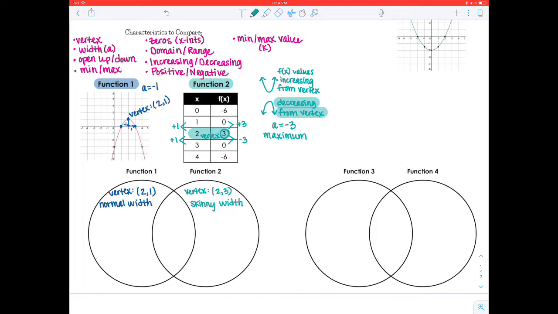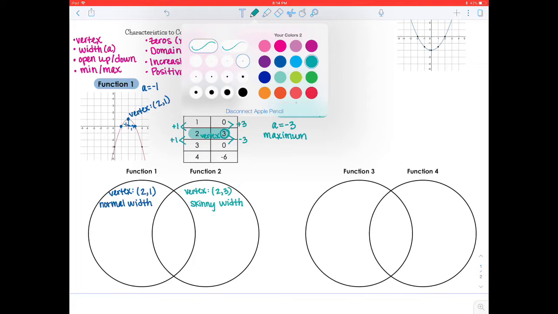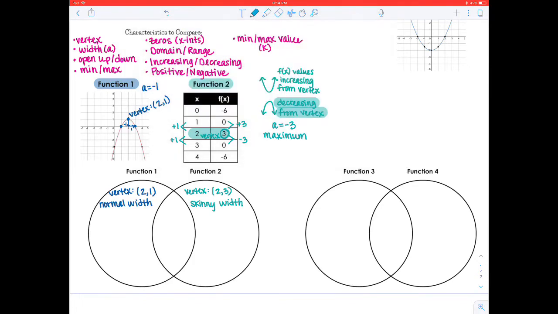So that's something that they actually have in common. So that's our first thing that we've noticed that they have in common, is that they're both opening down. Which means they both have a maximum.